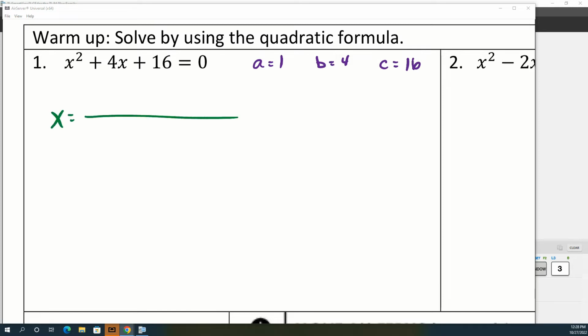All right, so x equals the opposite of b, so negative 4, plus or minus the square root of b squared, so 4 squared, minus 4ac, divided by 2a.